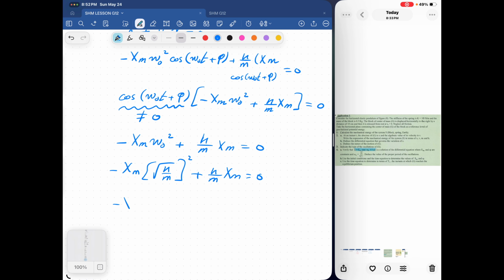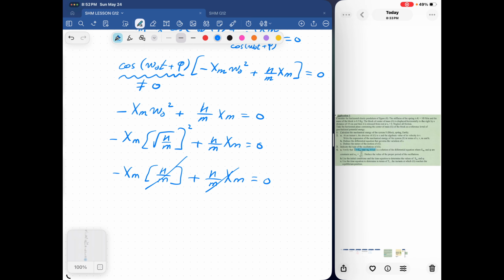Since k over m is positive, we will cancel the radical by giving it a positive sign, plus k over m xm is equal to 0. It is very clear that those two are opposites. They will cancel out. 0 is equal to 0, and then yes, it is a solution.